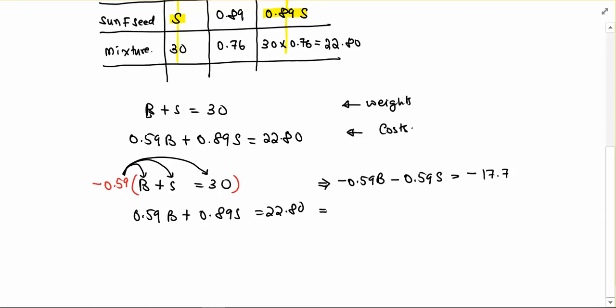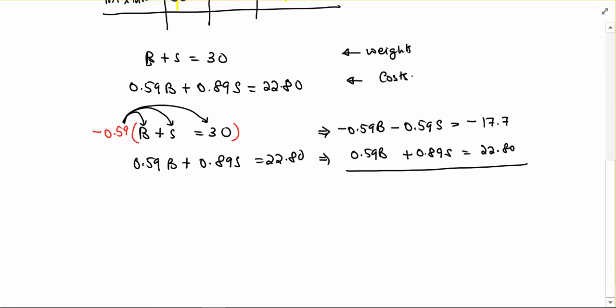And then over here, I don't have to make any adjustments. And if I just add these, my B should drop out. So I have negative 0.59, to which I'm going to add 0.89, and I get 0.3S. And over there, I get negative 17.7, to which I'm going to add 22.8, and I get 5.1.